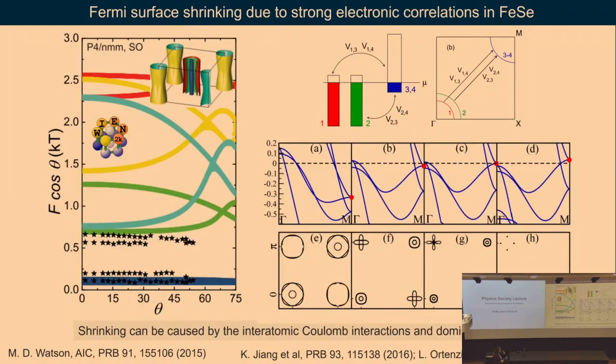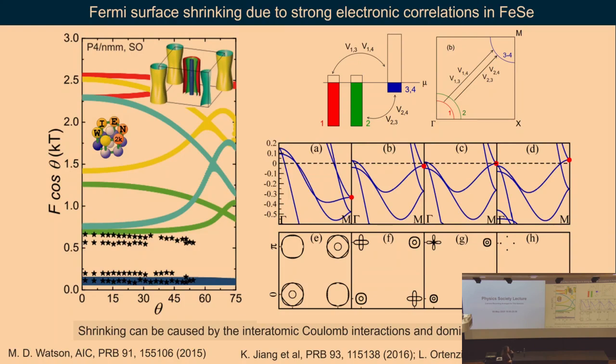And what we found from this study was that the sizes of these Fermi surfaces are extremely small compared to what the band structure predicts. This is another manifestation of the very strong correlation I was talking about, meaning that the electrons in the system interact so strongly and the Coulomb interactions are relevant.